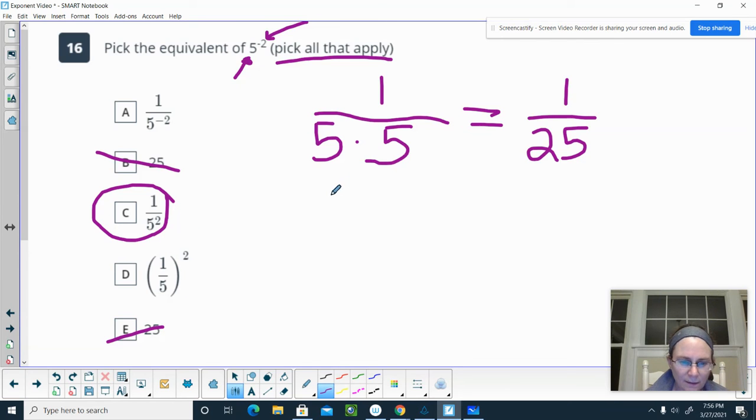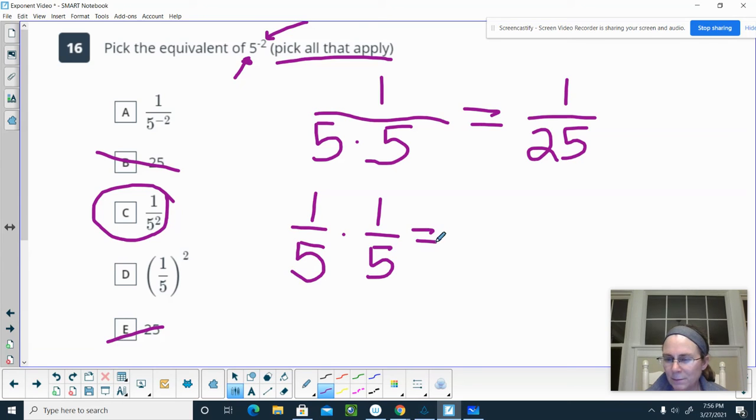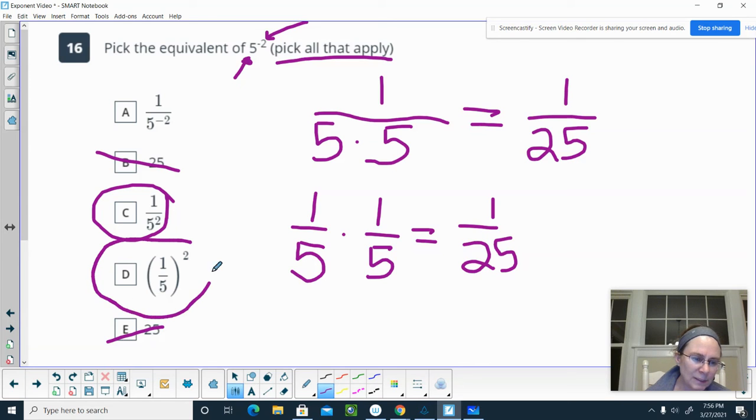And 1 over 5 times 5 is the same as 1/5 times 1/5. If you don't believe me, you can multiply that out. 1 times 1 is 1. 5 times 5 is 25. So the other option would be D. C and D.